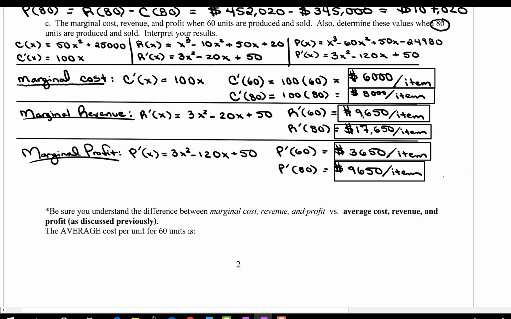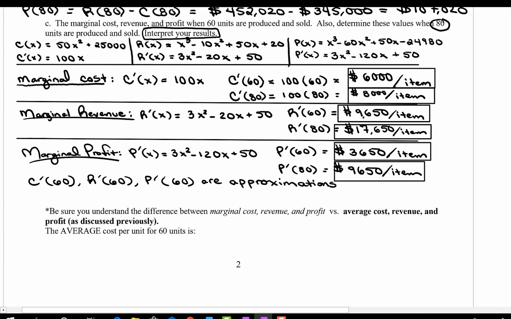So C prime of 60, R prime of 60, and P prime of 60 are approximations for C, R, and P of the 61st item.